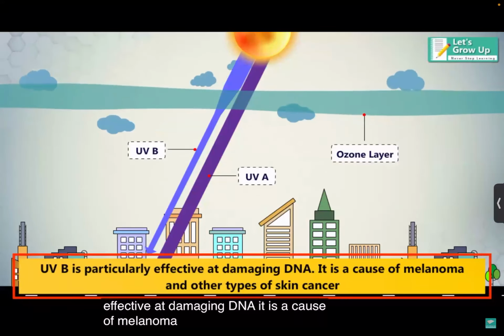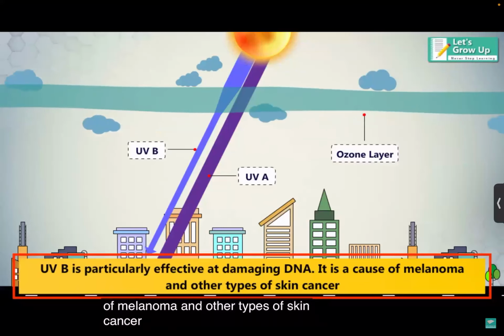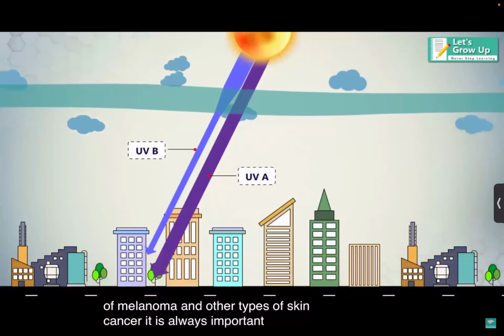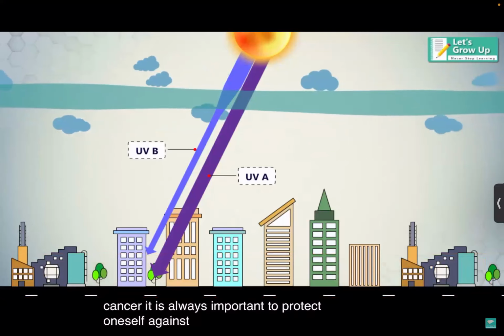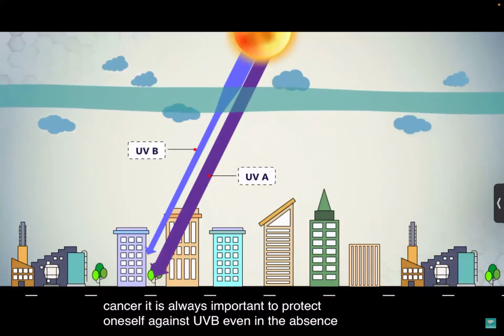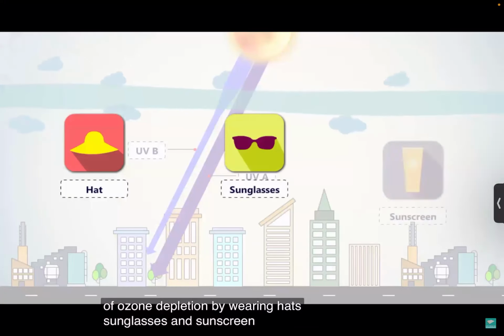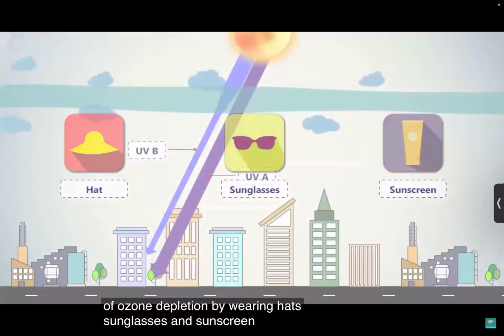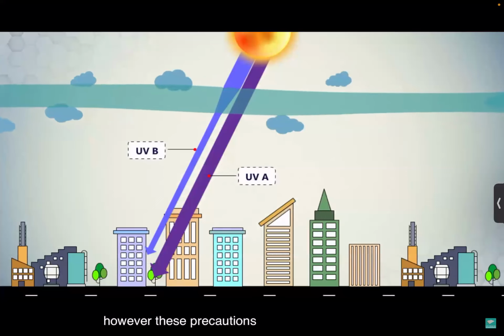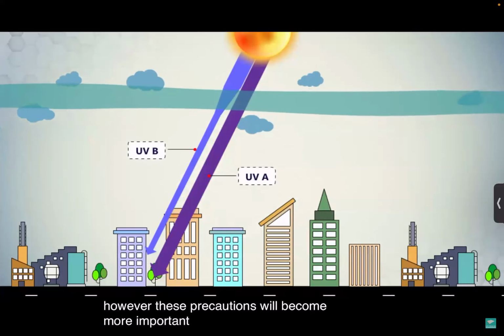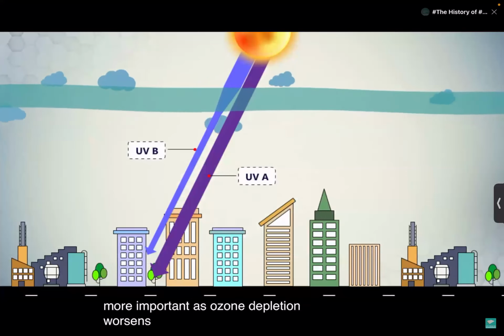It is a cause of melanoma and other types of skin cancer. It is always important to protect oneself against UVB, even in the absence of ozone depletion, by wearing hats, sunglasses, and sunscreen. However, these precautions will become more important as ozone depletion worsens.